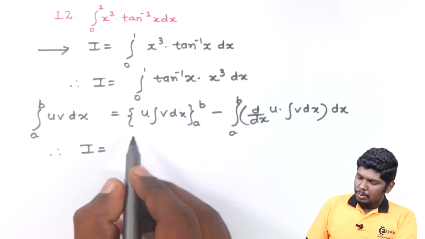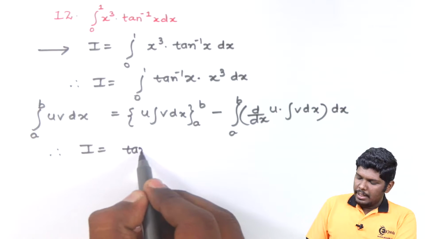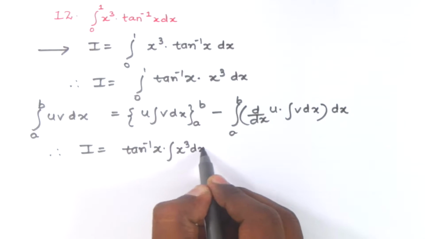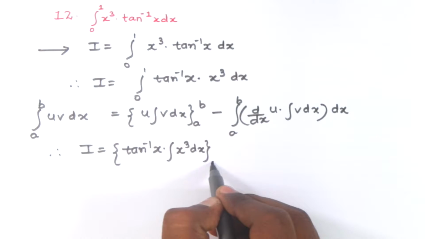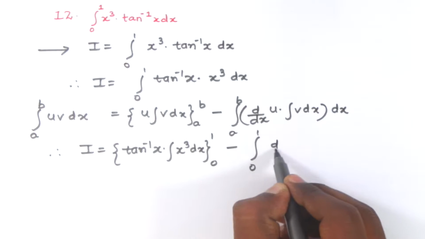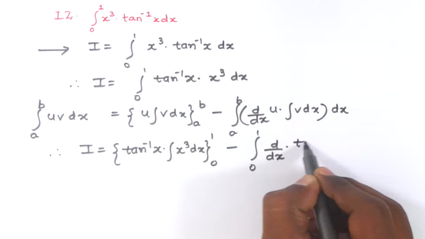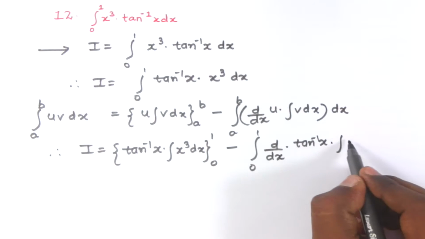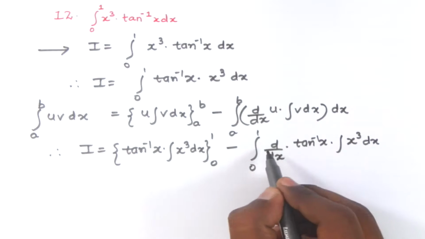Therefore, I is equal to u, that is tan inverse x, we have integral of x cube dx. The limits are 0 to 1, minus 0 to 1 d by dx of tan inverse of x into integral of x cube dx, the whole dx.